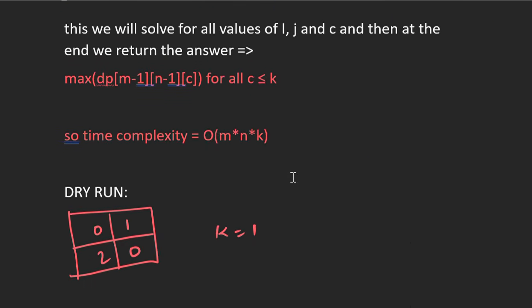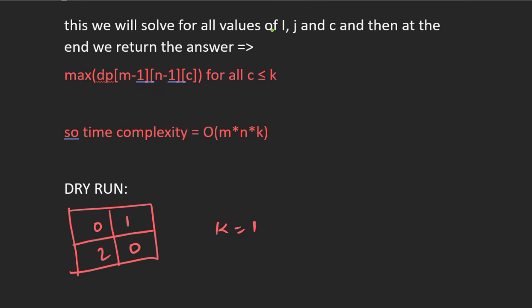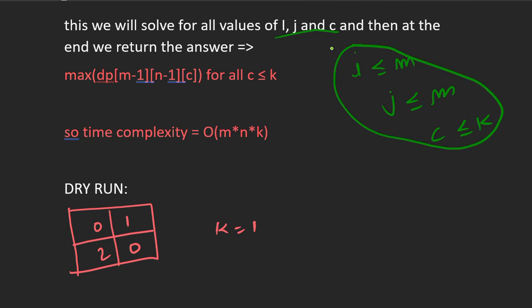So this way we'll solve for all the values of I, j and c, right? We'll solve for all the values of I less than or equal to m, j less than or equal to n, and c less than or equal to k. And then at the end, what will be our answer?